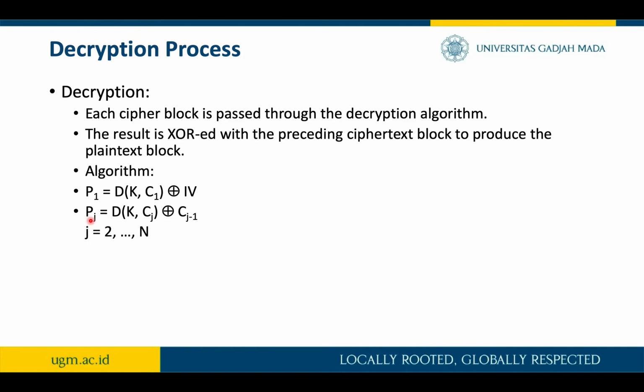And then for the next blocks, we need to decrypt the ciphertext block with the key K, and then it must be XORed with the previous ciphertext block here, Cj-1.